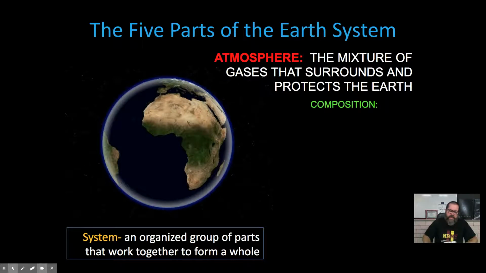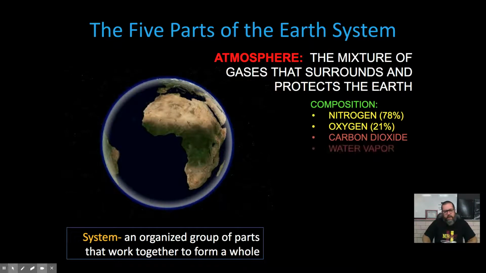Now the atmosphere is made up of 78% nitrogen, 21% oxygen, also in some smaller amounts, carbon dioxide, water vapor, and methane.